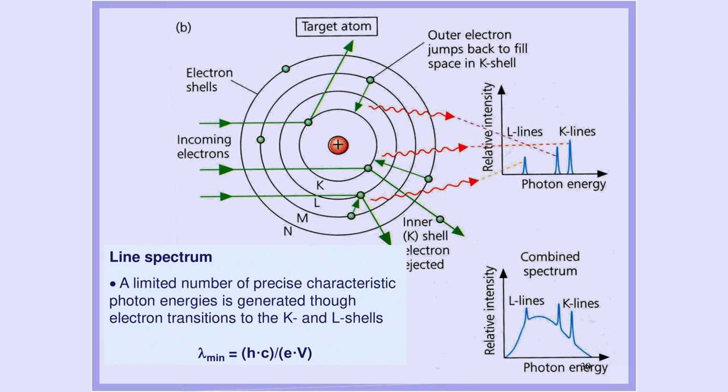Electrons from outer orbits subsequently make transitions to fill the gaps in the inner shells, thereby emitting photons whose energies are characteristic of the target atom.